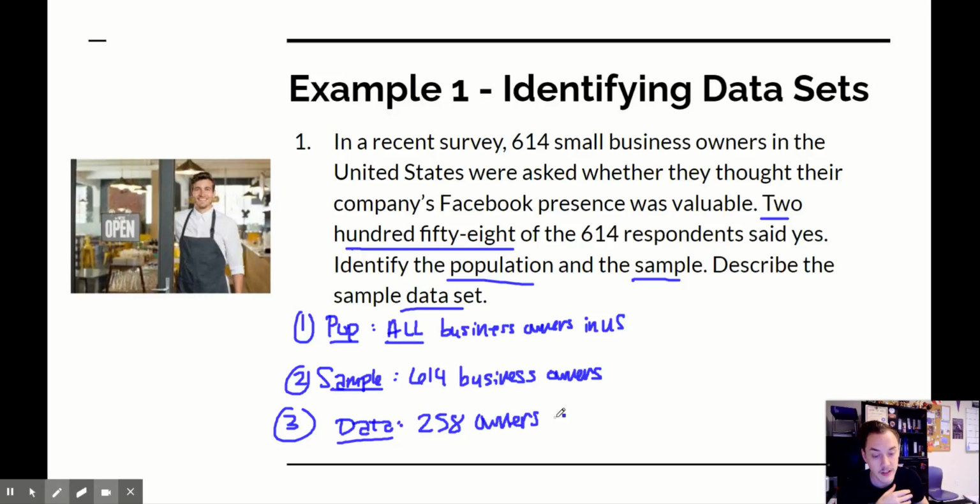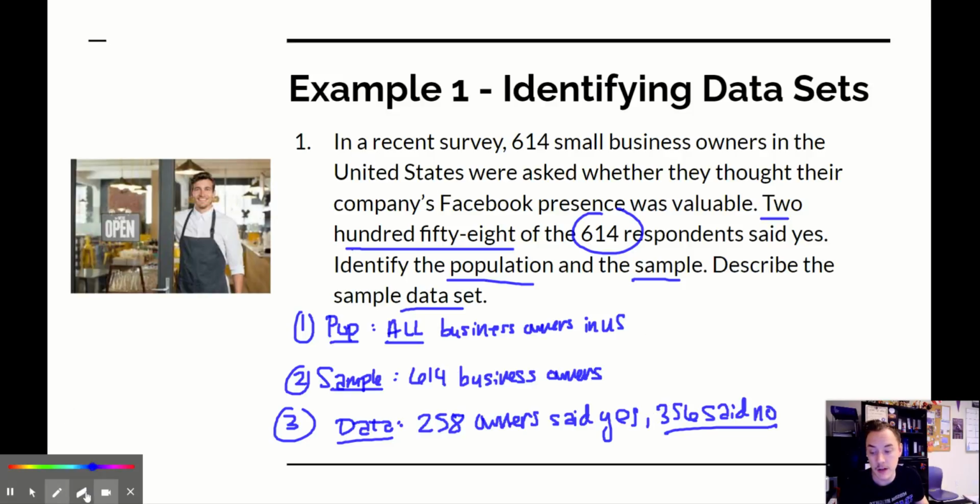So 258 owners said yes. And then we can also find the complement of that by just subtracting it from 614, and that would be 356 said no. That is not technically given in the problem, but we can find it by taking 614 minus 258, and then we get 356. Not too bad, right? All right, let's move on.